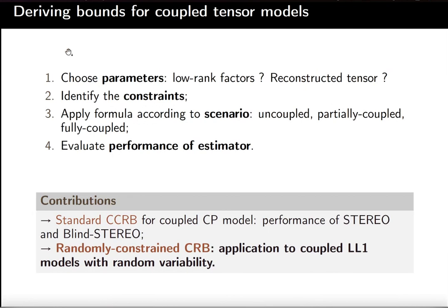They can be the low-rank factors, but in the case of image reconstruction, the parameter of interest is rather the reconstructed tensor itself. Then, because we are dealing with coupled models, I had to identify the constraints on the model parameters and apply a formula according to the scenario, whether we consider that there are no constraints, some constraints, or all the constraints of the model. And this led to the calculation of the constrained Cramér-Rao bound.